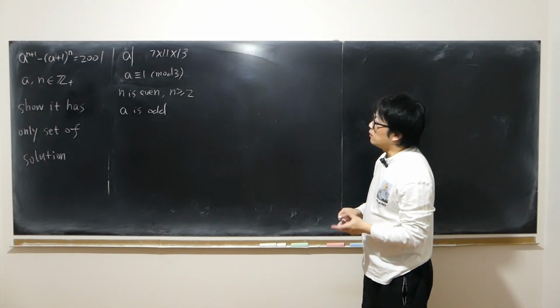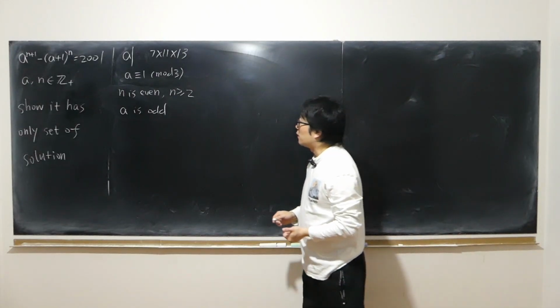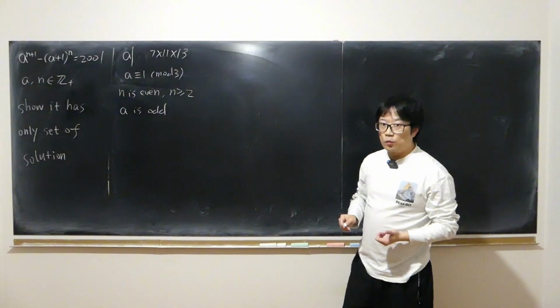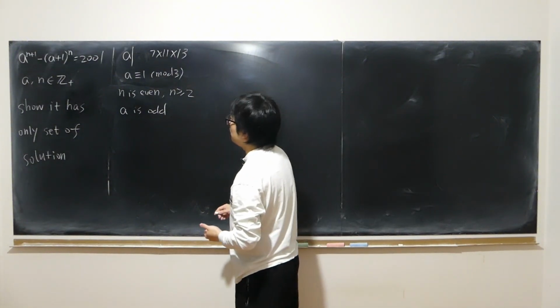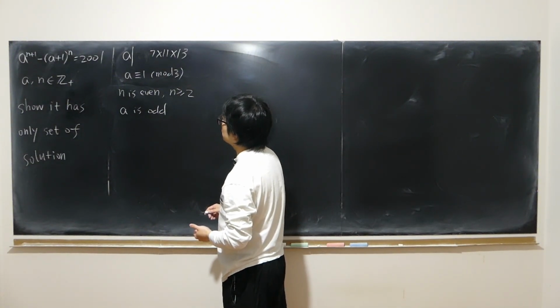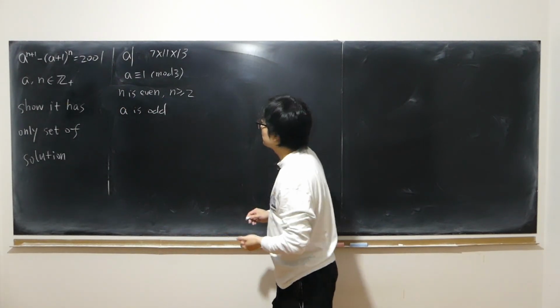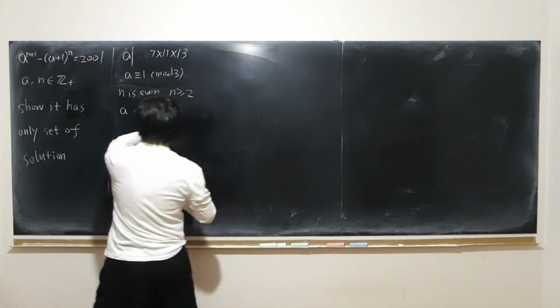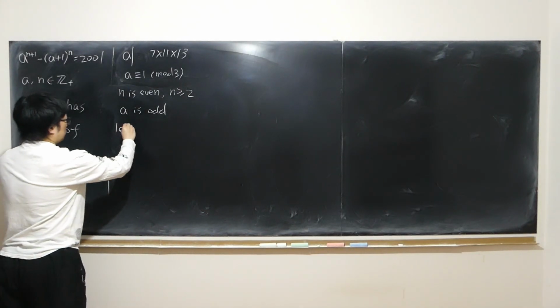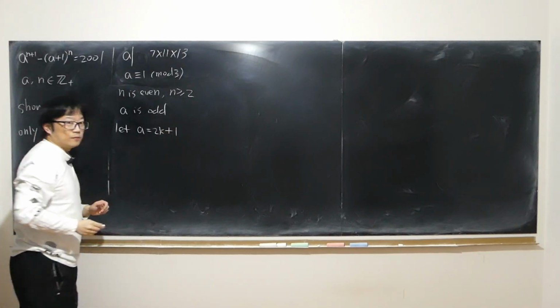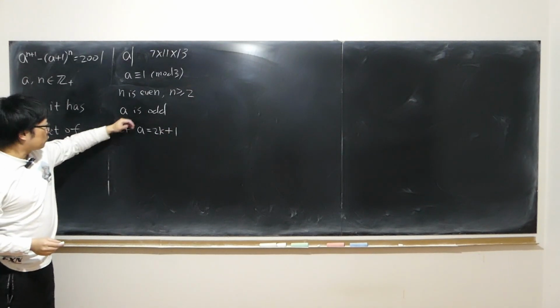So from here on, this time let's use the divisor of 4, mod 4, and see what happens. 2001 divided by 4, the remainder is 1. Let a equal 2k plus 1, k some positive integer, because we know a is odd.